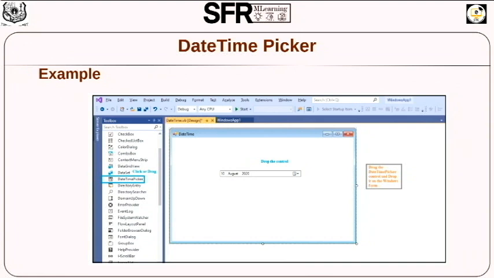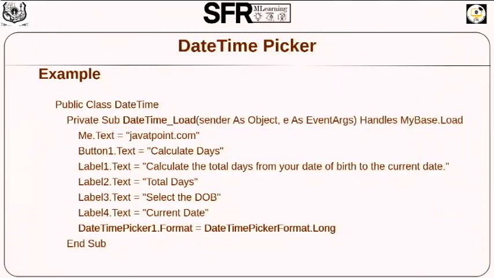Now we are going to see an example for a DateTimePicker control. The first step is to drag the DateTimePicker control from the toolbox and drop it onto the form. The next process is, by double clicking the DateTimePicker control, we are going to write the code for this.